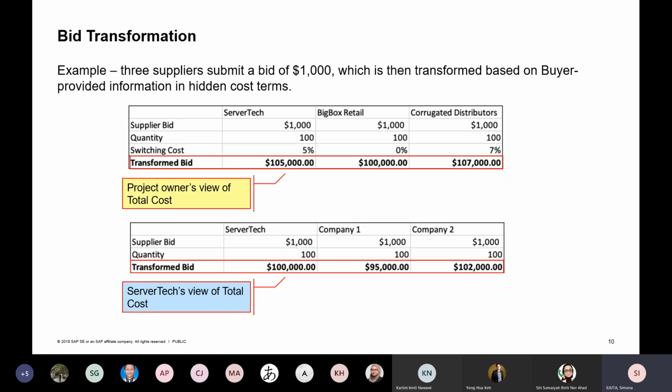So here the example of the switching cost is where we have 3 suppliers who submit the same bid of 1,000, which is then transformed based on the buyer-provided values in the hidden cost terms. So basically in a bid transformation auction, the suppliers see one thing and the buyer sees another thing. The suppliers will always be competitive on what the buyer sees.